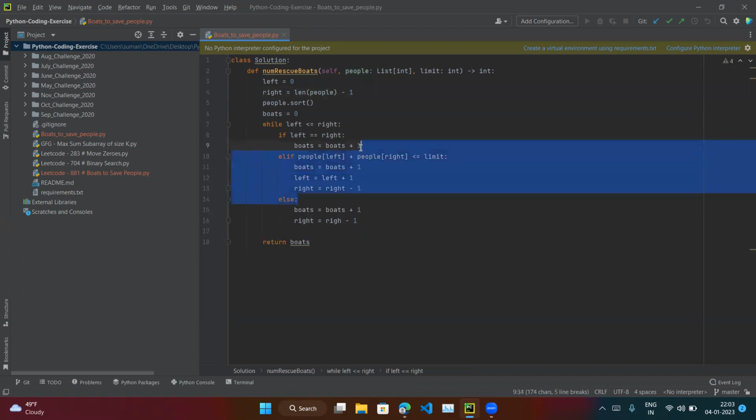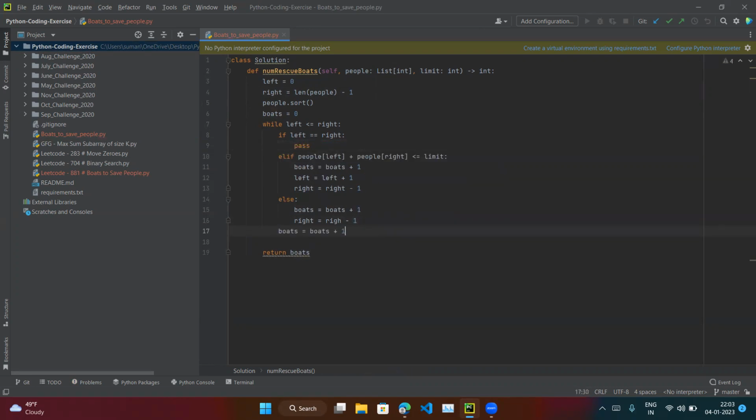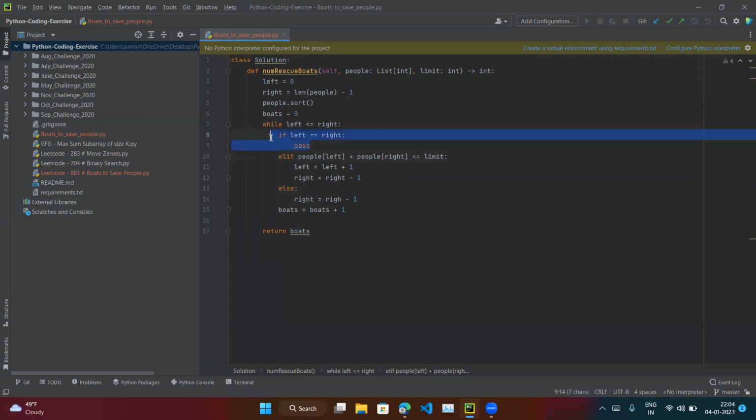So we will remove the boat increment from here and keep it once, because boats equals boats plus 1 happens in every operation. So why do we need to write it 3 times? If this is only a pass condition, then why do we need this condition? We can just remove it.